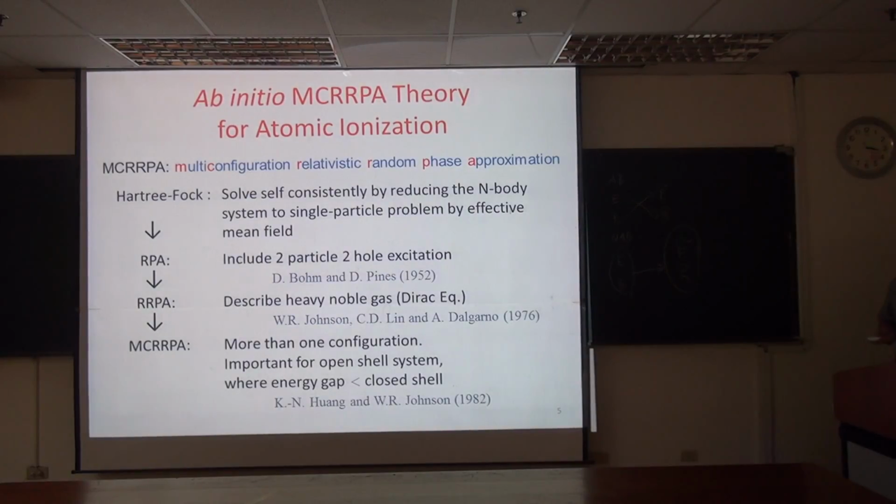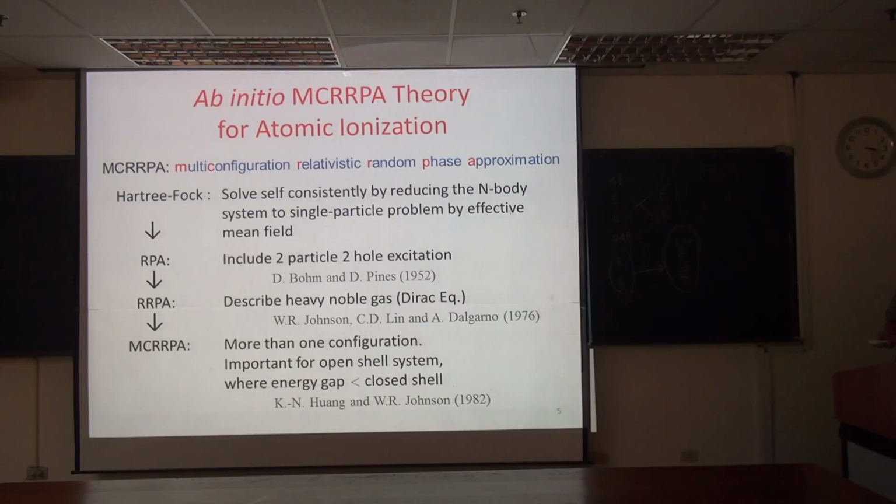Open shell means they are not full and balanced orbitals. So the energy gap between the electrons in valence orbitals is much smaller than in a closed shell, so we cannot well distinguish the ionization channel from the ground state.